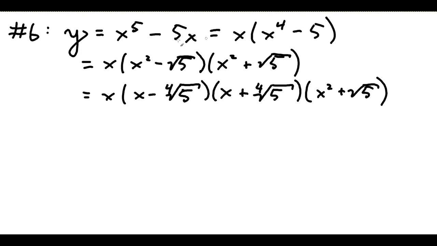But really focusing on this first line here, these early factors, if we consider where this is equal to 0, we see that if x equals 0, we get y equals 0. And also, if x is one of the fourth roots of 5, we can also see that from this full factorization here. X squared plus 5 has no real zeros, but we have these three other factors with zeros of x = 0, fourth root of 5, negative fourth root of 5.